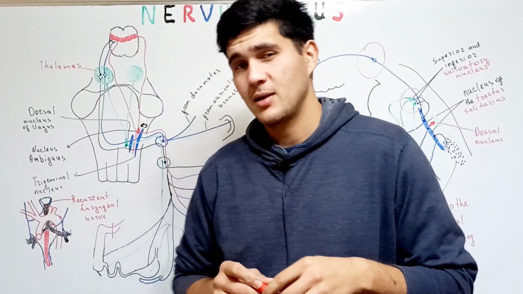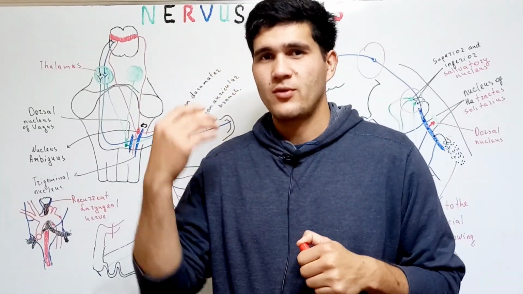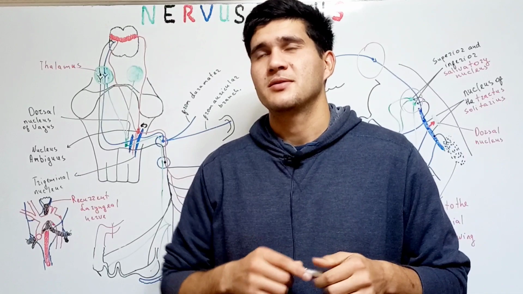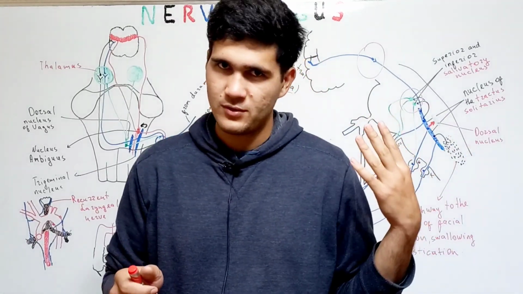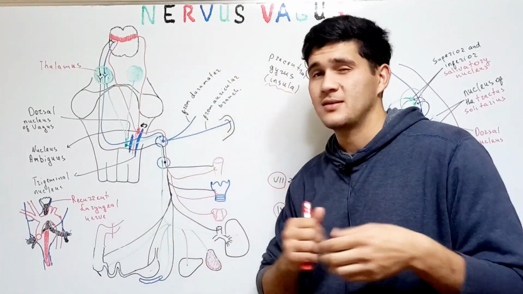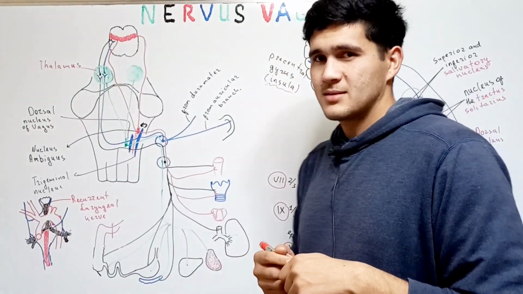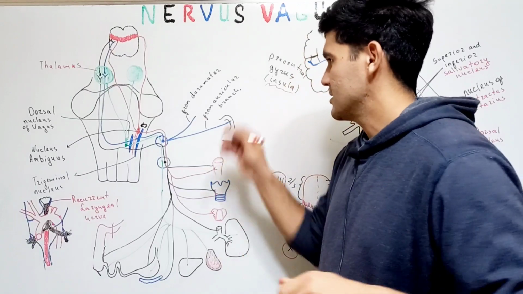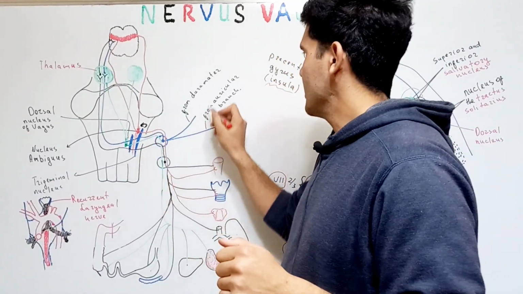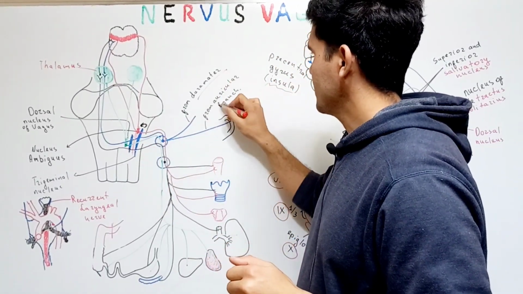In this lesson I will try to provide some precise and necessary information that's useful for your future career that relates to Nervus Vagus. First of all, I'm going to talk about the external sensory impulses that the Nervus Vagus receives from the dura mater and from the auricular branch.